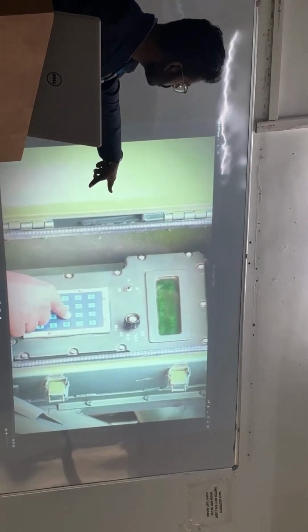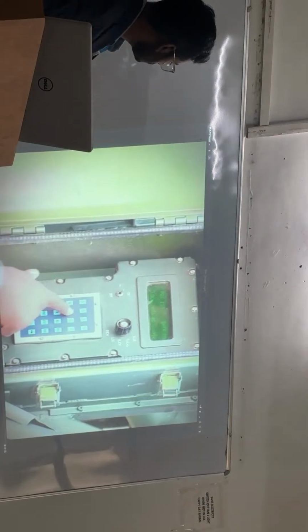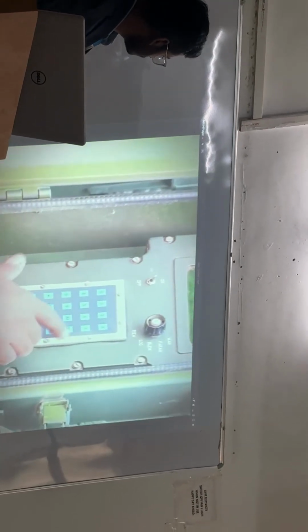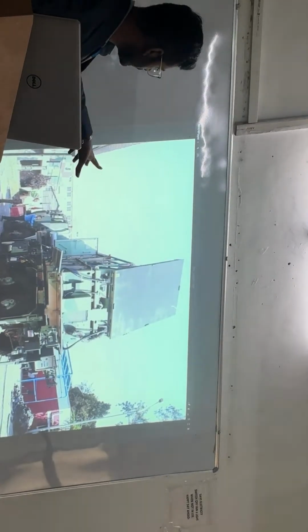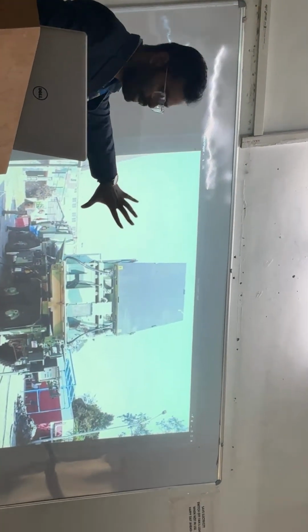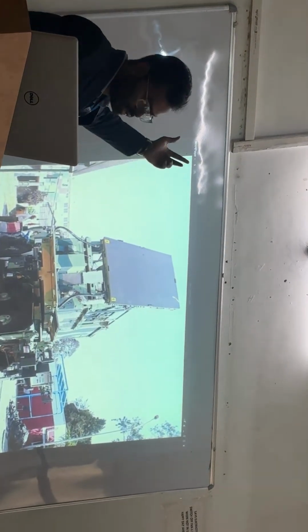Here input is given through the local control panel, the assembly panel. The input given was 135 degrees clockwise. So this entire platform is rotating 135 degrees. And this is the antenna from where the beam gets transmitted.